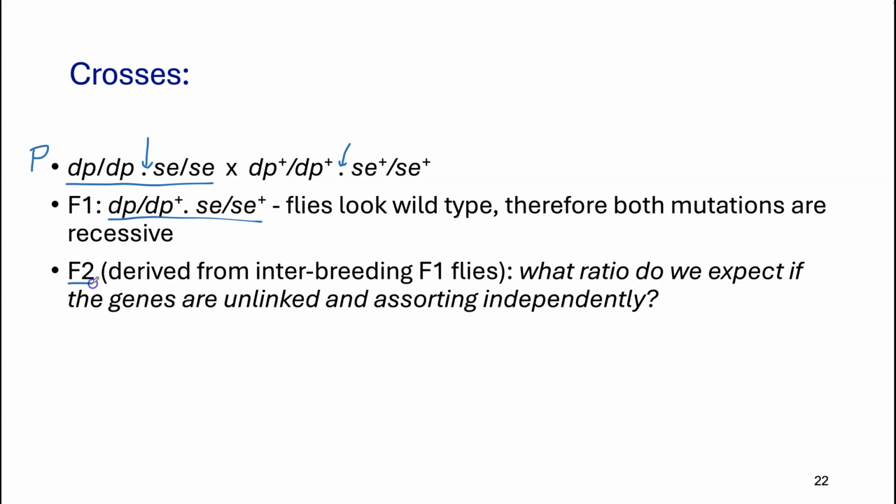The F2 that we derive from breeding the males and females of this genotype, if the genes were unlinked and sorting independently, what would you expect? So you want to stop the video now and write down or think about what the expected ratio should be.